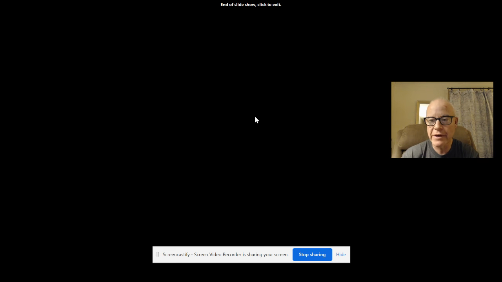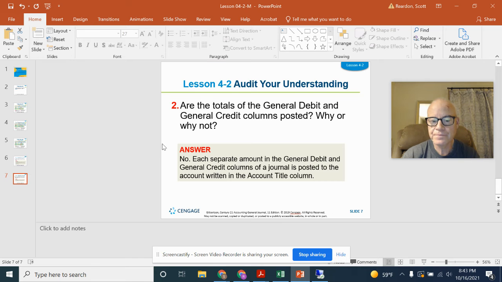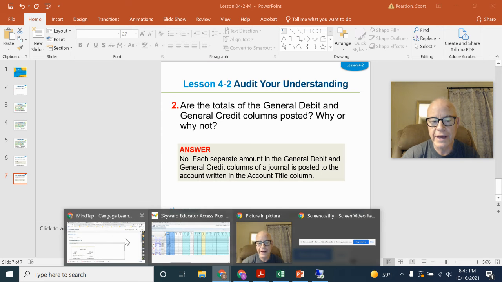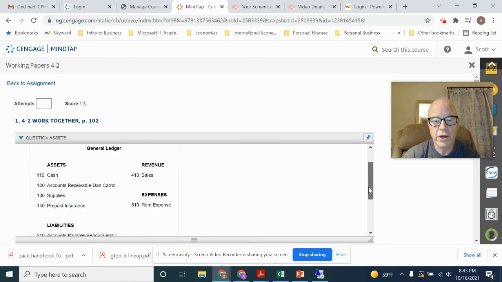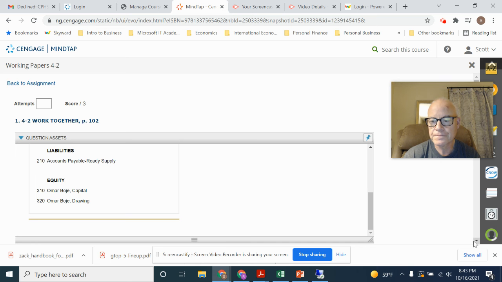Let's go to Mind Tab. Again, you may need to pause here. Go to Mind Tab, and I am in Working Papers 4.2 under Work Together. You might need to pause and get that assignment open. And here is our chart of accounts.